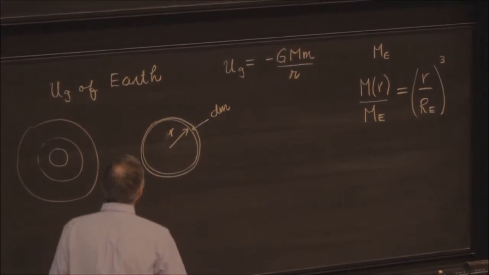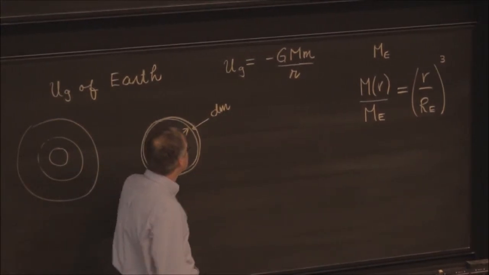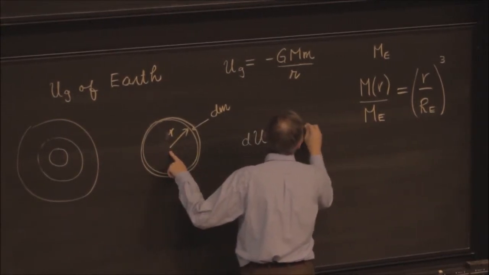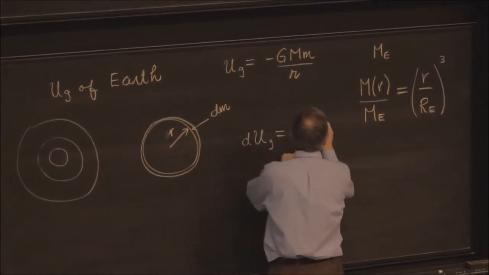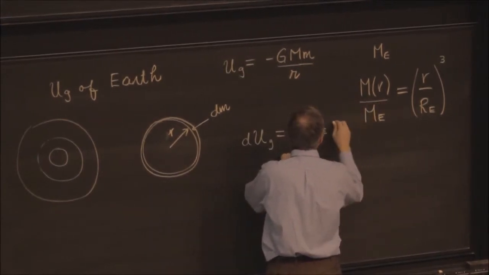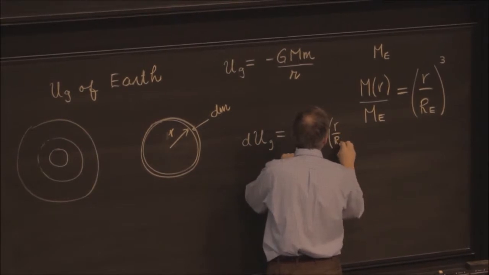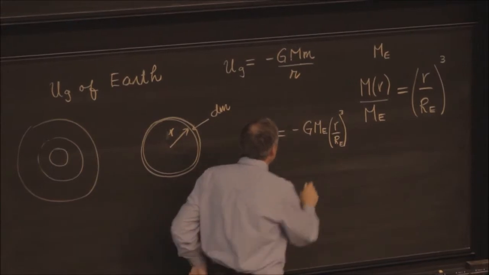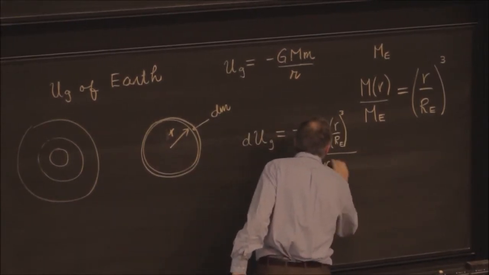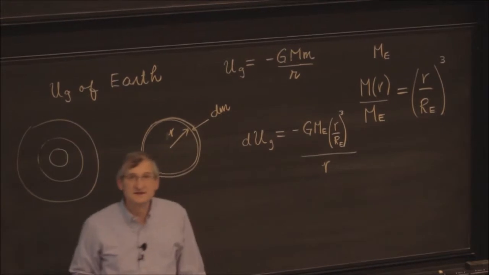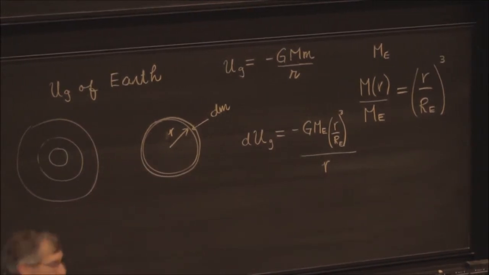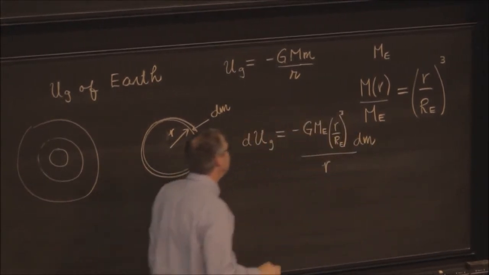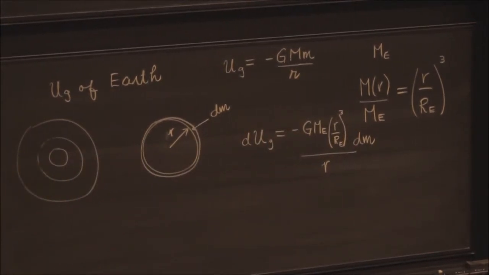Okay, so the gravitational potential energy of this shell will be minus G m sub e r over big R cubed. I get to divide by an r. And I now need to know how much mass, little dm, that I bring in. How am I going to get dm from this picture?